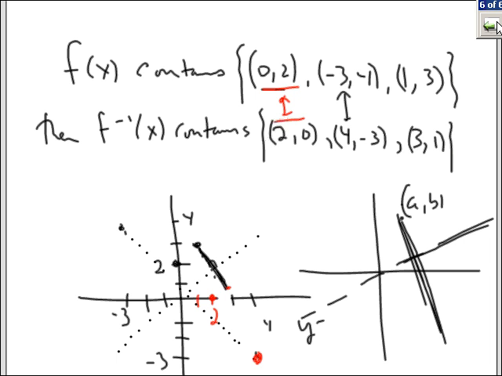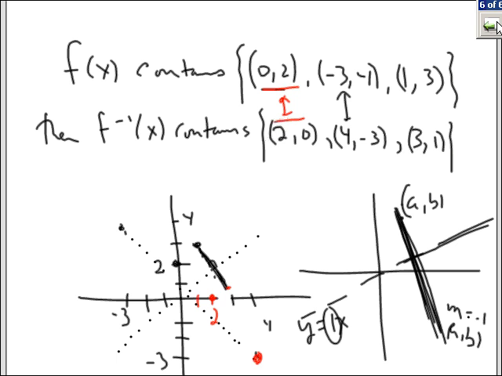So if you know this line is y equals x, 1x, the slope of this line will be the negative reciprocal of 1, which is negative 1. So I know the slope of this line, I know the slope of that line, and I know a point. I can find the equation of the line.